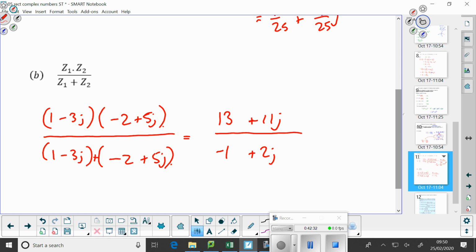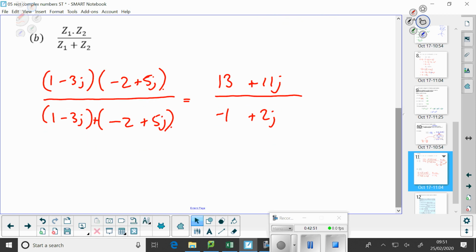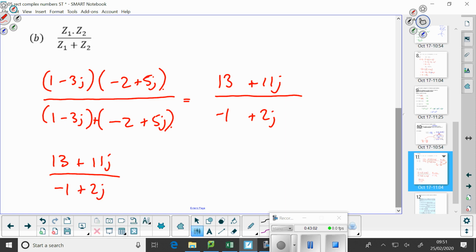So we've now simplified top and bottom by multiplying the numerator terms together and adding the denominator terms. Now we can take this and do the division. So we've got 13 plus 11j over minus 1 plus 2j.